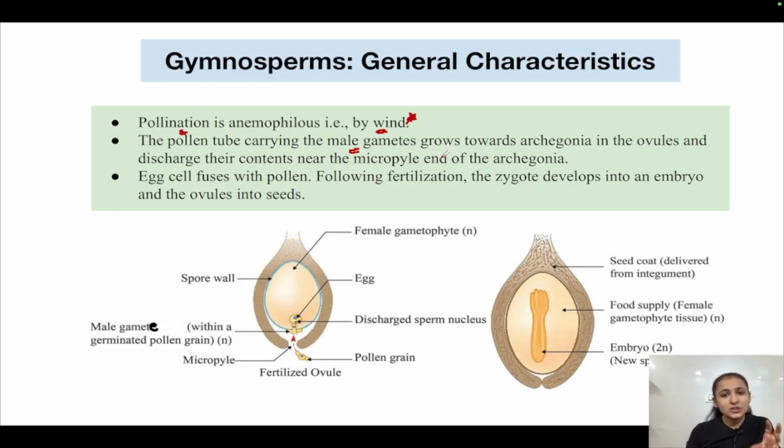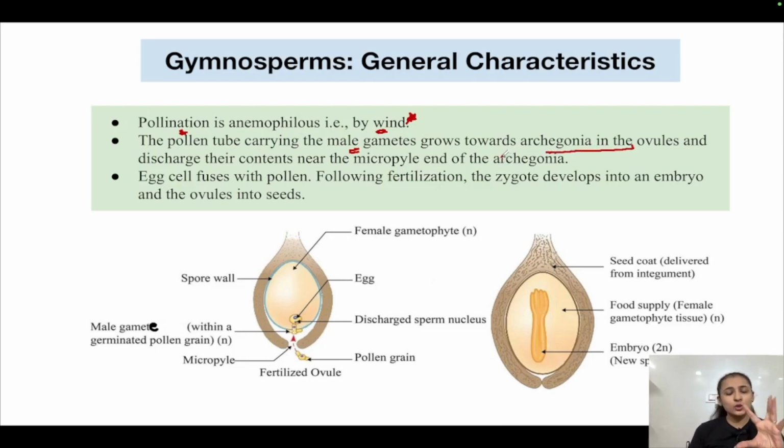When they reach the ovules and ultimately their micropylar end, they will germinate to form a pollen tube. The pollen tube carries the male gametes, which are trying to reach the female sex organ, the archegonia, and inside the archegonia their ultimate destination is the egg cell. So the pollen tube carrying the male gametes will grow towards the archegonia in the ovules.